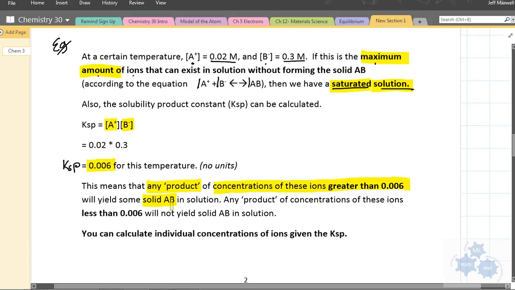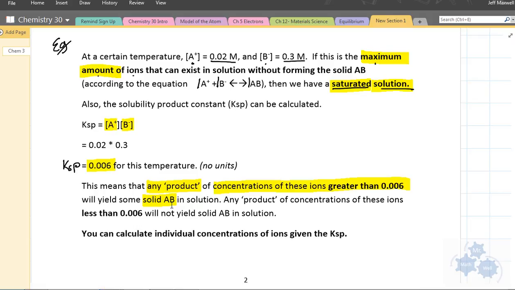Anything less than this, if we have a product of ions that's less than 0.006, we are not going to get any solid because more can still be dissolved. Okay?